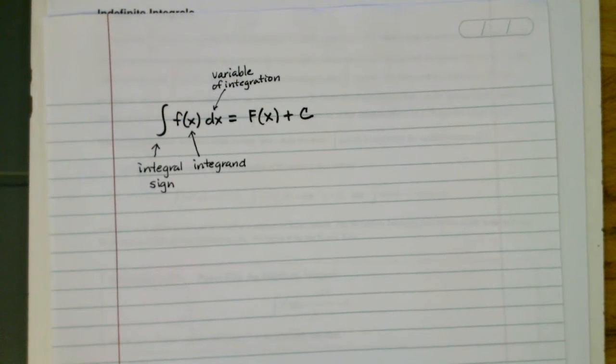And dx is called the variable of integration. It could be something like dx or dt or dy or whatever.